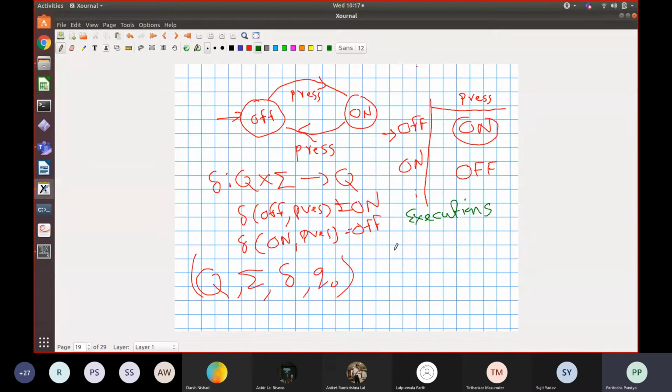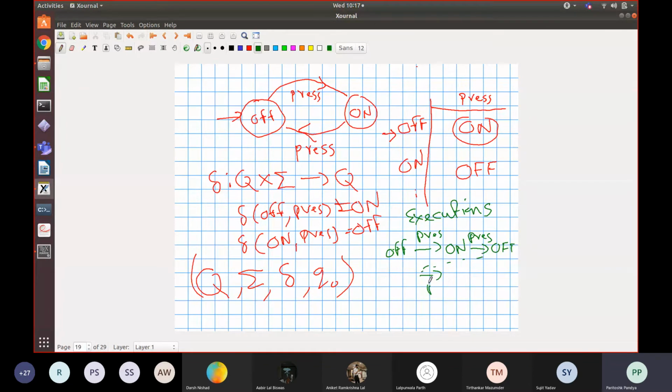The system starts in off state initially, right? And suppose I do a press, then what will it go to? On, right? So here by this arrow, I'm denoting that from off on the press, it moved to on, and then I did another press, and then it moved to off, and then I did another press. This is continuing here.